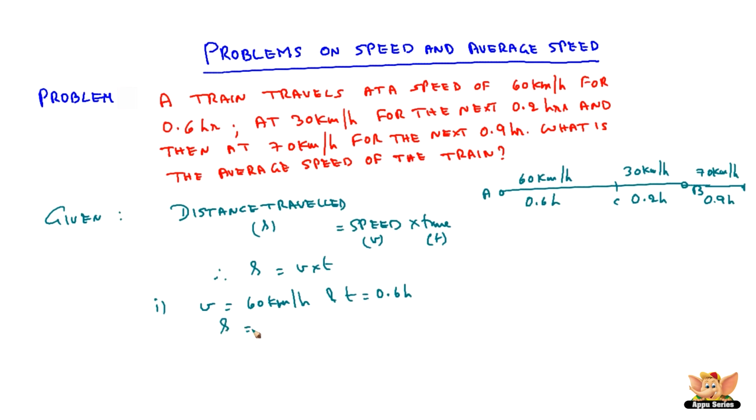Now S is equal to V into T, which is 60 km per hour into 0.6 hour, which is equal to 36 km.